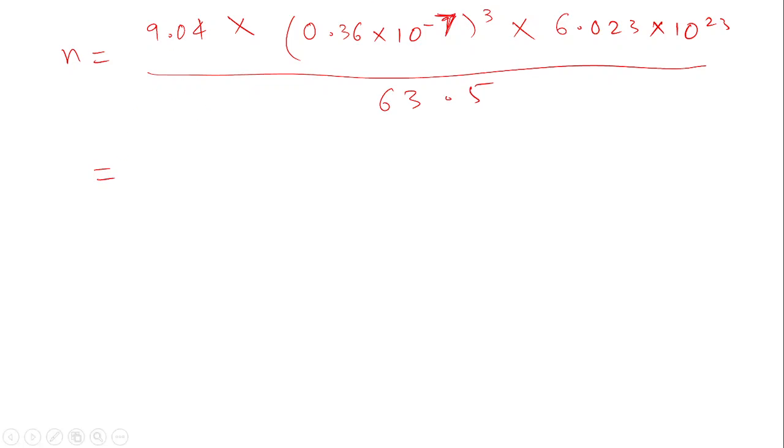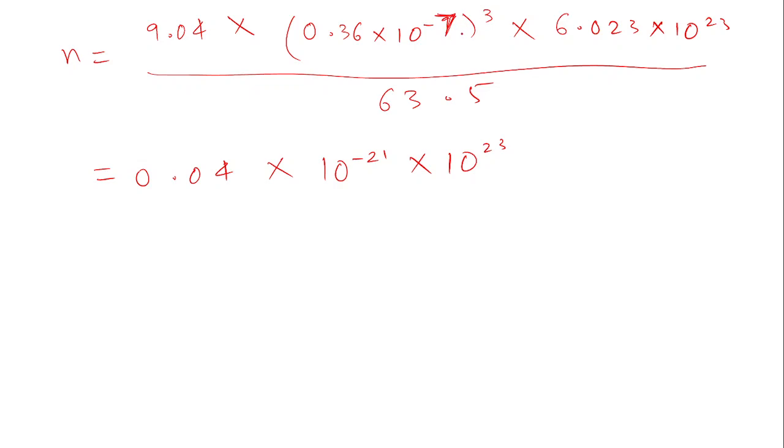When we do this using a calculator, 9.04 times 6.023 divided by 63.5 multiplied by 0.36 cubed, we get 0.04, multiplied by all these powers: 10 to the power minus 21 and 10 to the power 23, because all the other things I have calculated using the calculator, so these powers I need to take care of.